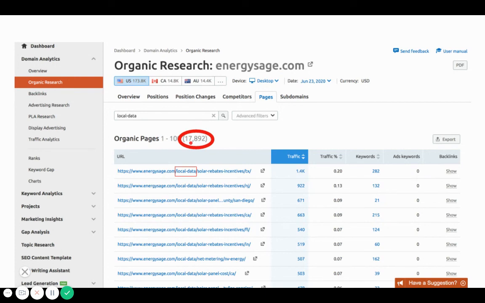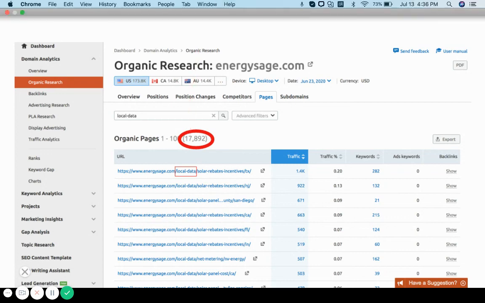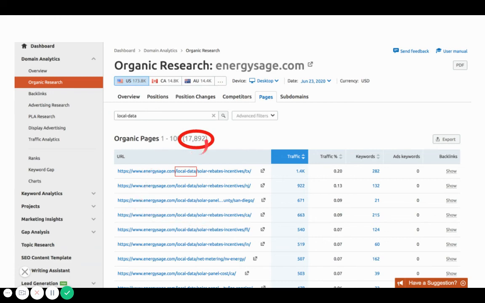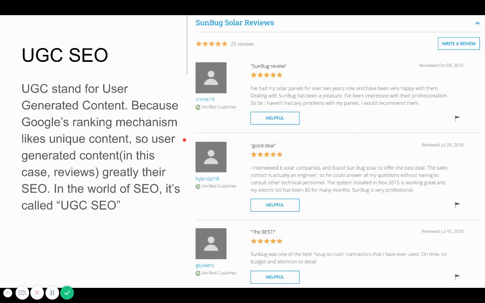Almost 18,000 of them are ranking and actually getting traffic. That means some of them don't get traffic, because some very small towns don't have solar installation or don't have listings, so they didn't rank well. But this shows that it's getting them results.